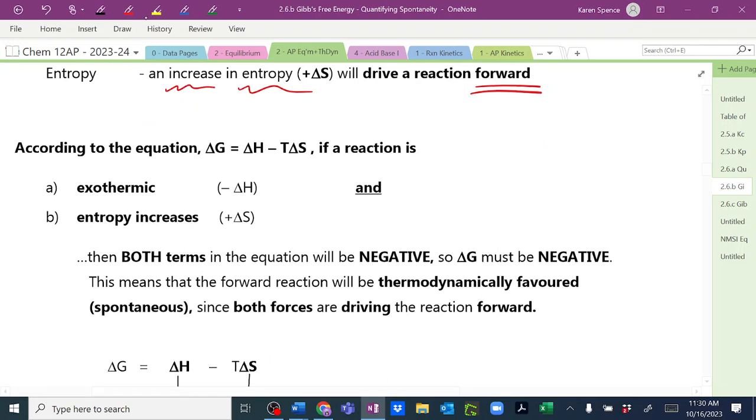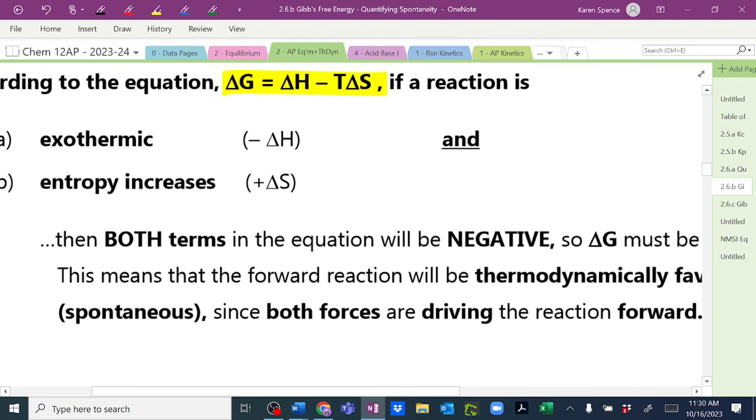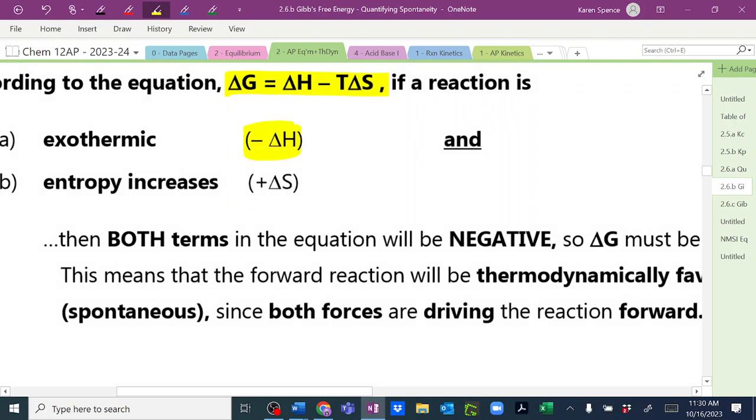According to delta G equals delta H minus T delta S, if we have a negative delta H and a positive delta S, what will you end up with? If delta H is negative and delta S is positive, delta G must be negative.